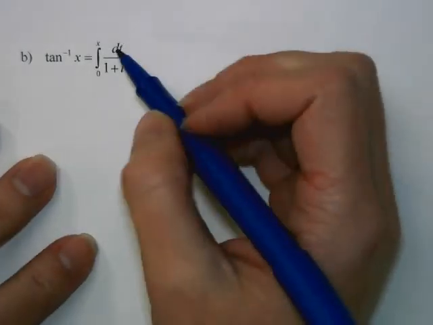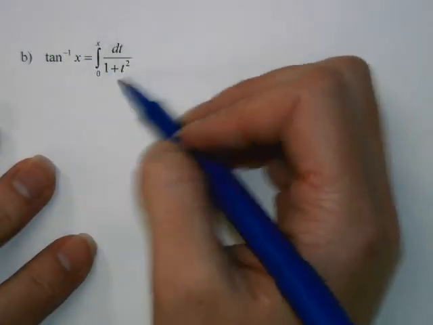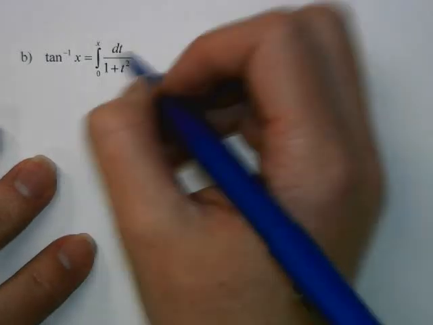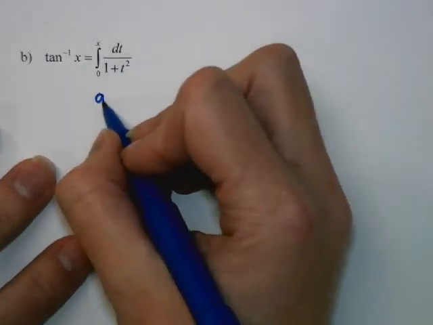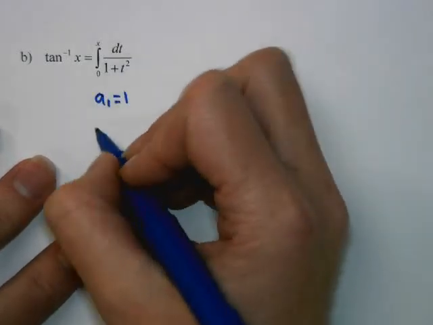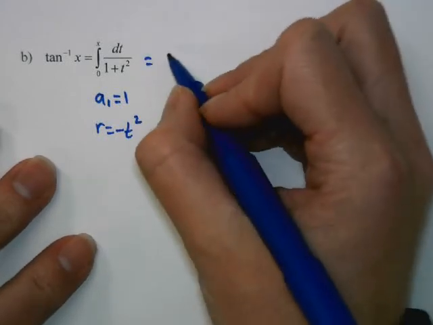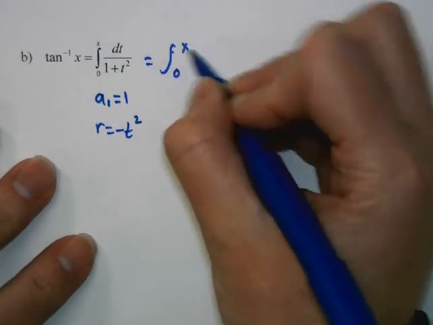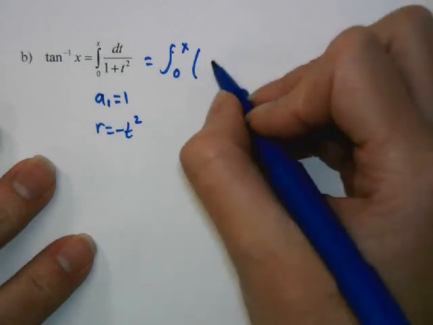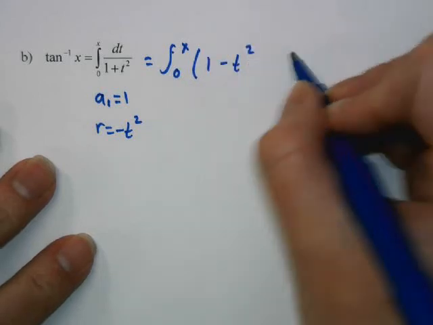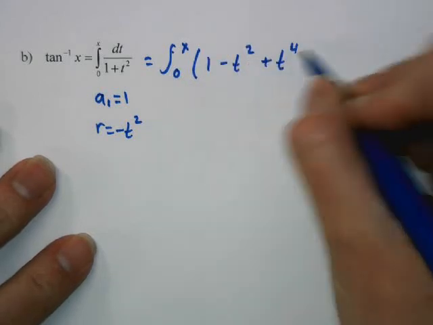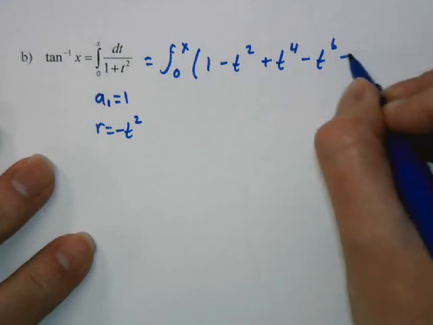All right, inverse tangent. The derivative of inverse tangent is 1 over 1 plus x squared. So we can integrate this with a1 equaling 1, r being -t squared. So we're going to integrate 1 minus t squared plus t to the 4th minus t to the 6th.